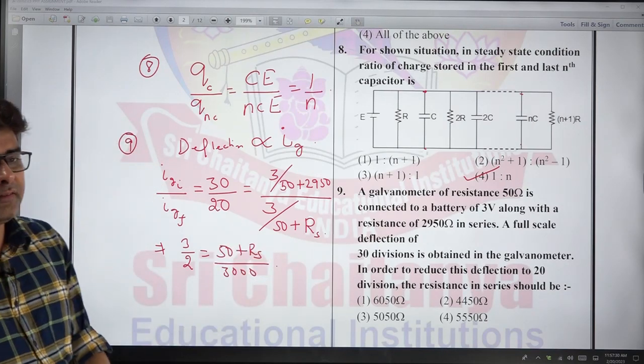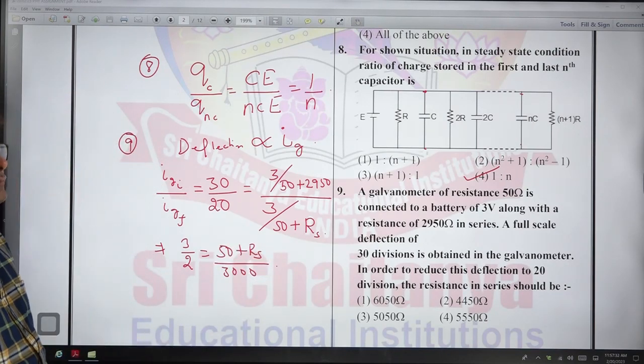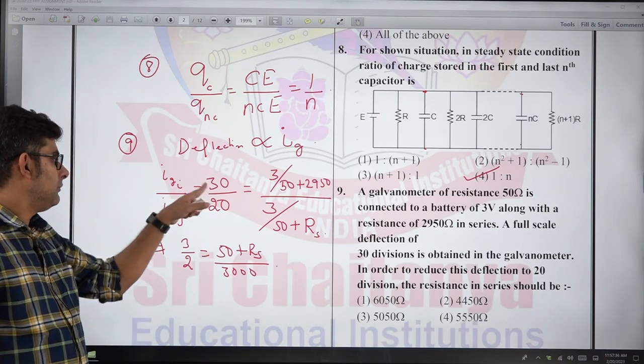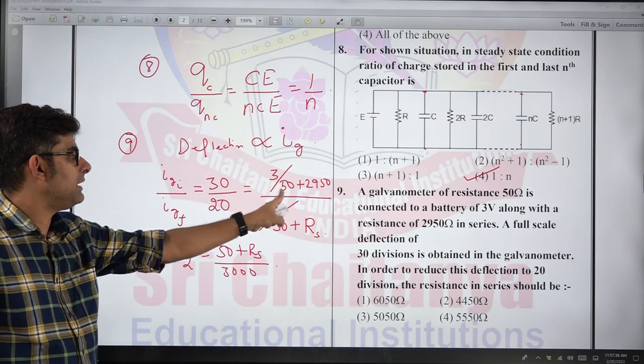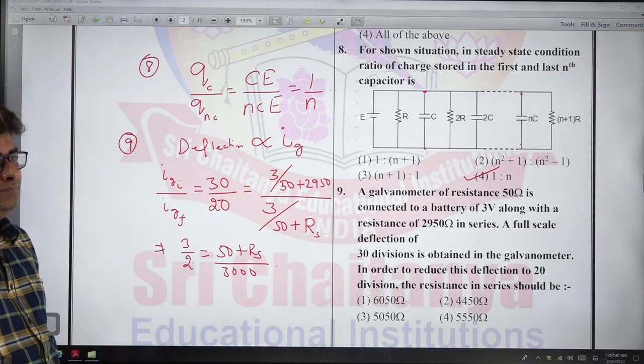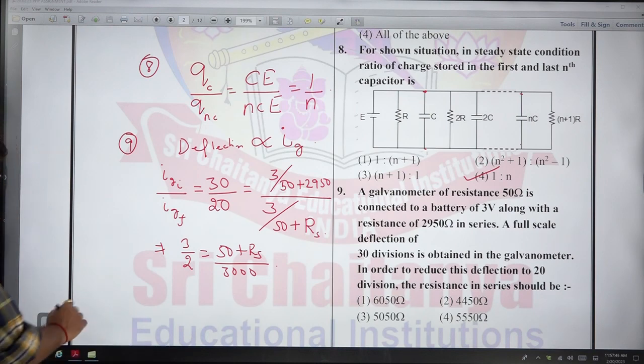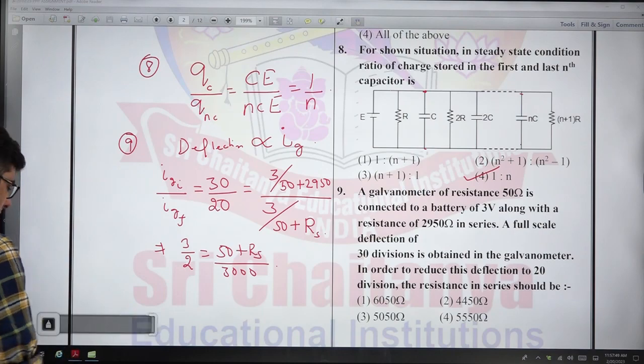You can get the value of Rs from here. Clear? So deflection is directly proportional to Ig, and Ig is battery voltage divided by total resistance. Clear to all of you? Okay. So moving on to next.